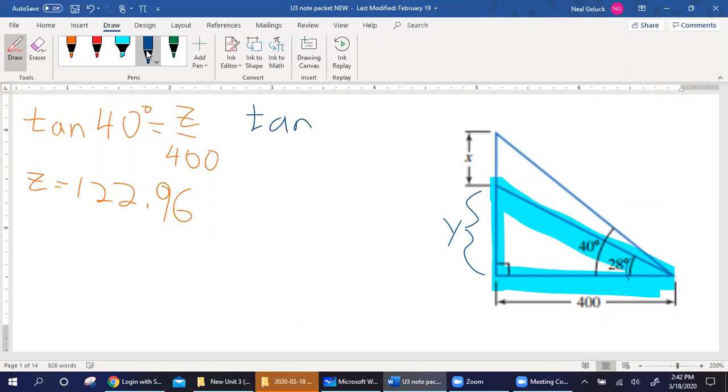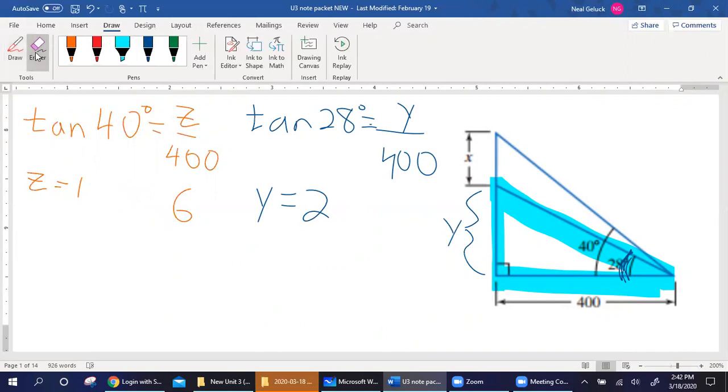Tangent of the angle, this time the angle is 28 degrees, equals Y over 400. Multiply the 400 over, and I have that Y is about, oh, sorry, my Z is wrong. You may notice that if you typed it into your calculator. I was giving you the final answer instead. Z is 335.64.